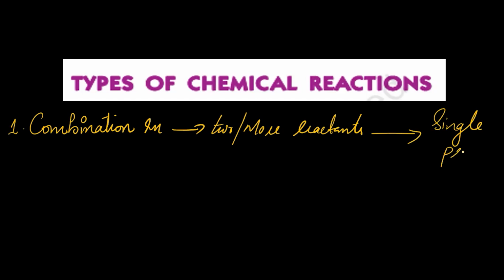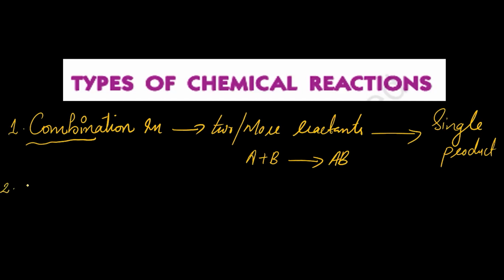Only one product. Like the word itself says, combining. Something is combining together to form a single product. For example, A and B are combining together and you'll be getting AB. This is a combination reaction.